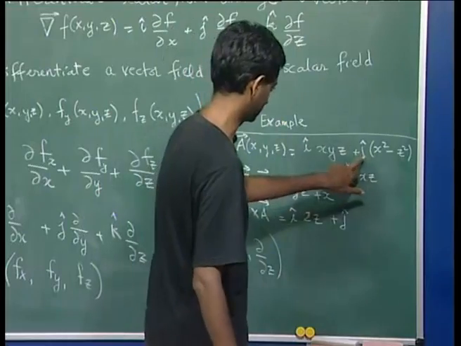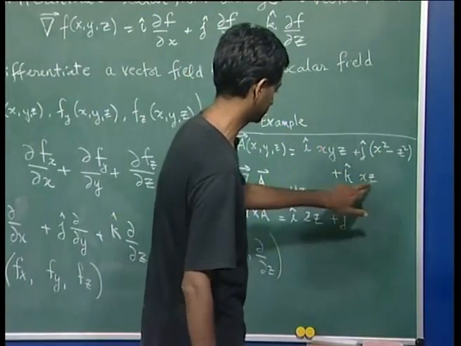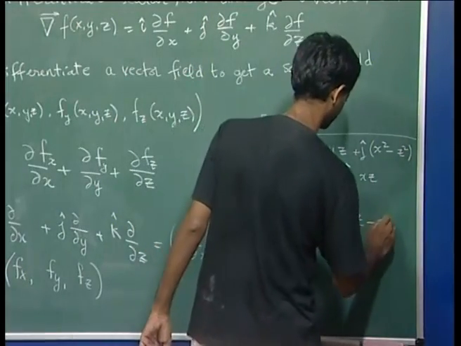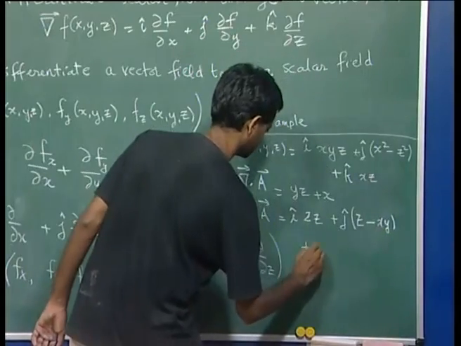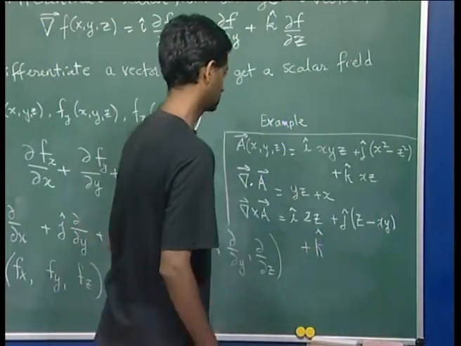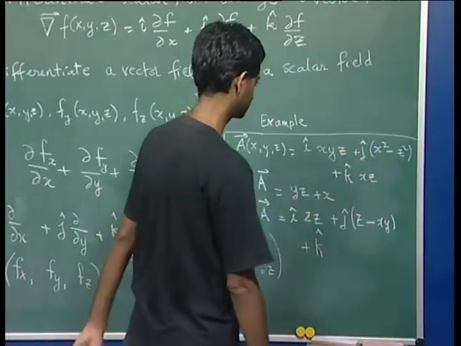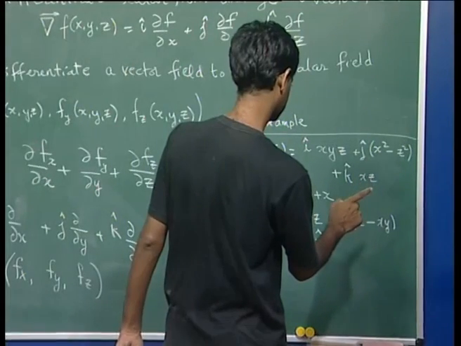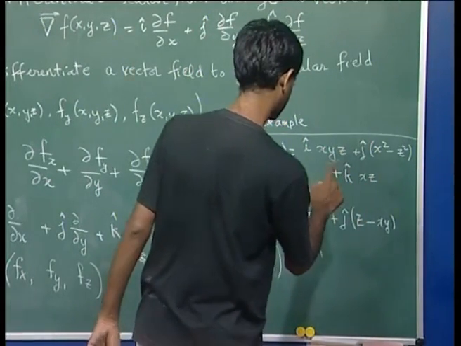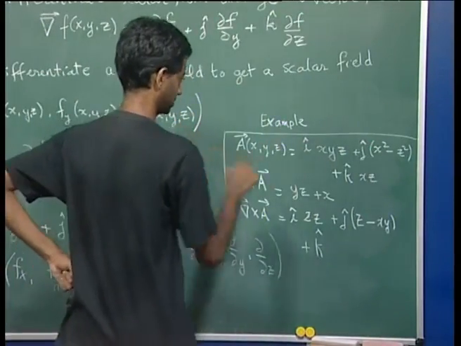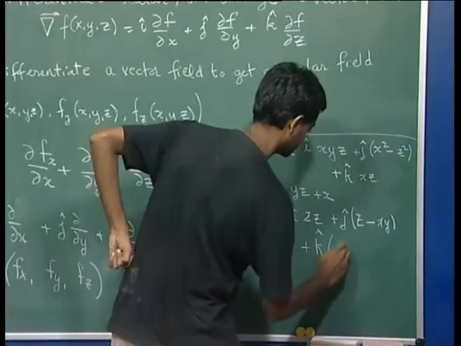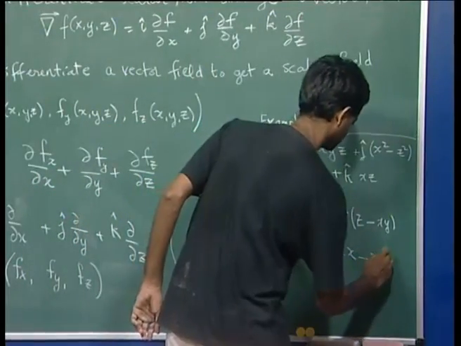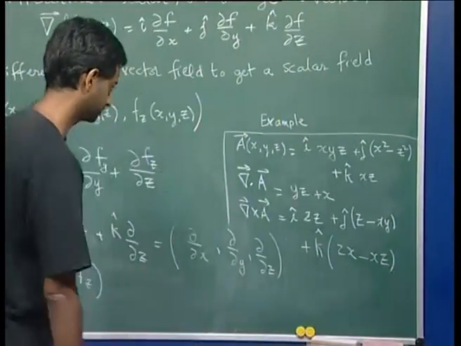The j component will involve derivative with respect to x of the z component, that will give me z minus x y, and the k component will give me 2 x here, and it will give me minus the x z. So, that is the curl of this vector.